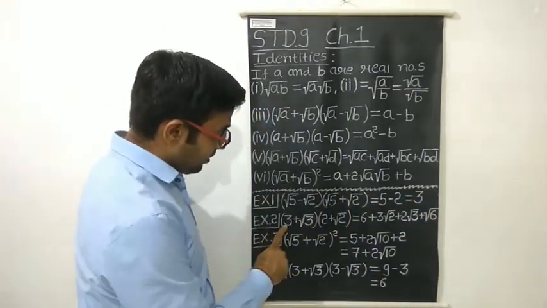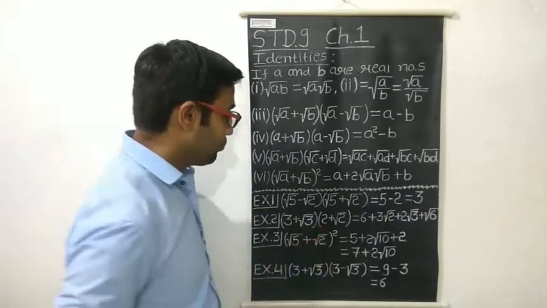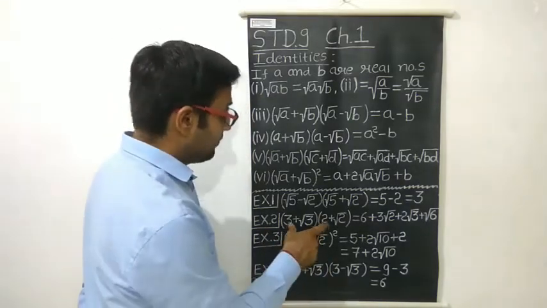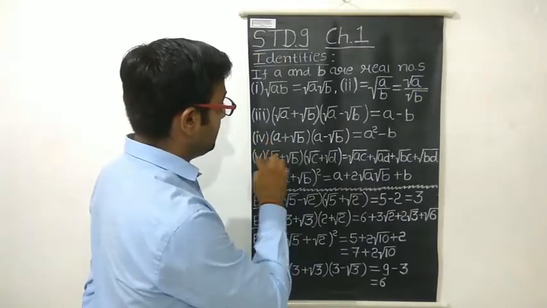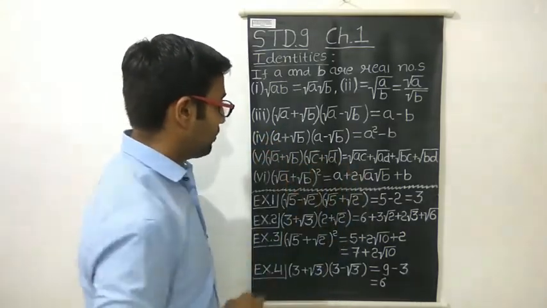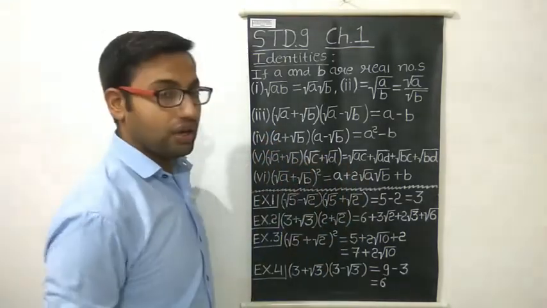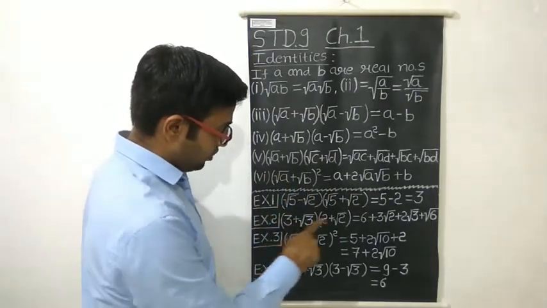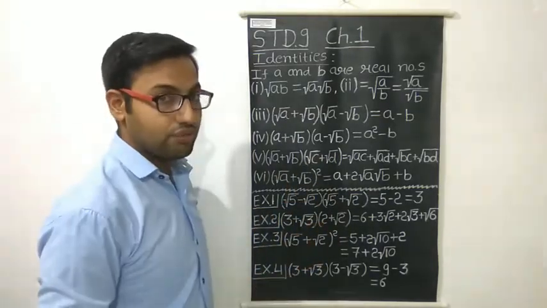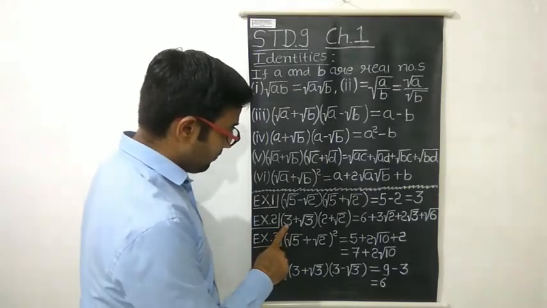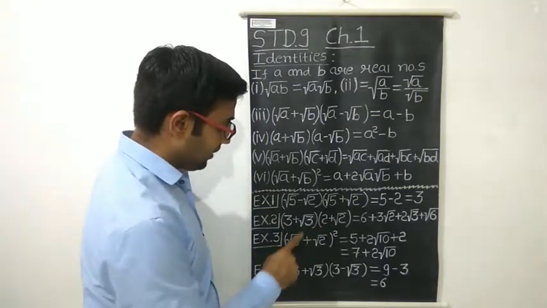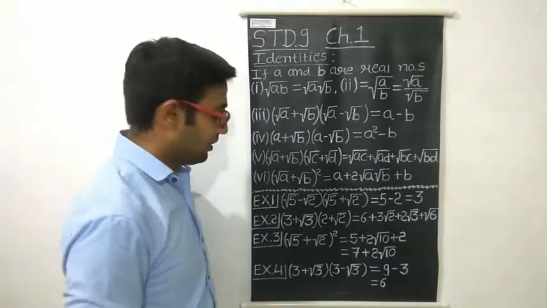Second example, 3 plus root 3, 2 plus root 2. In this case, we have to use the fifth identity, because the terms are not equal, and on both sides there is a plus sign in both brackets. So the first term will multiply with these two terms, and the second term will multiply with these two terms.